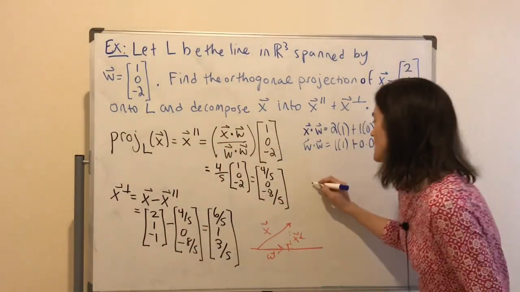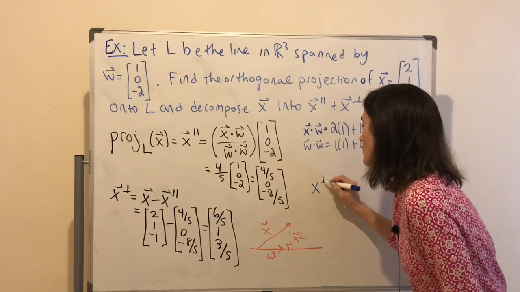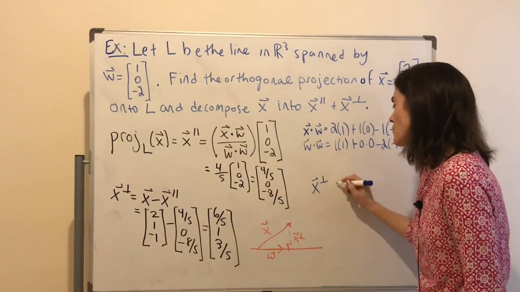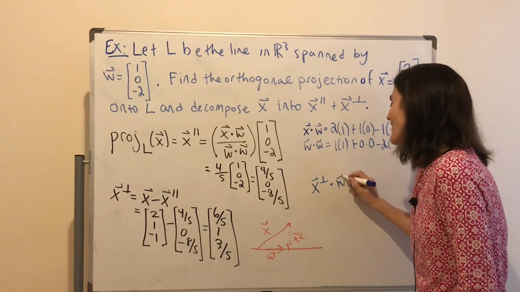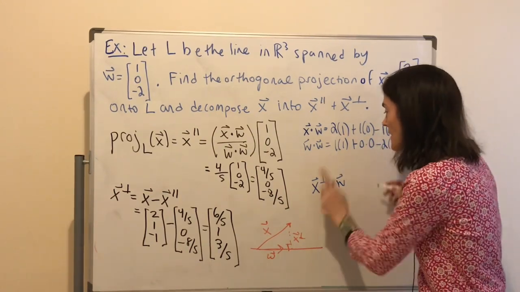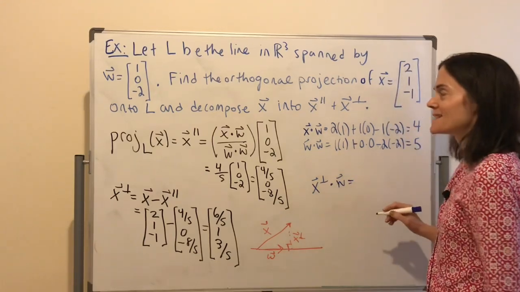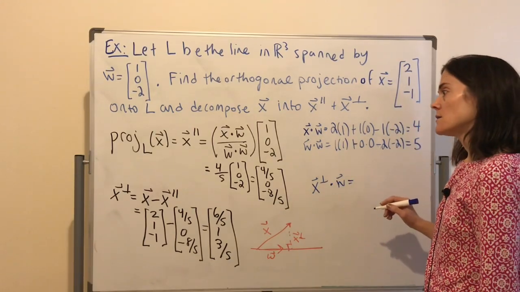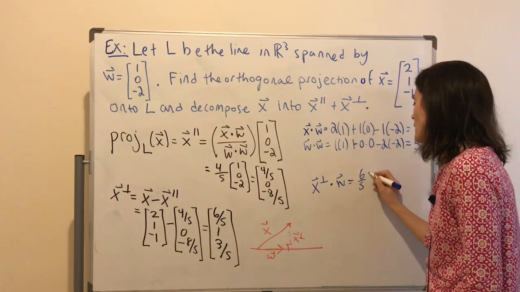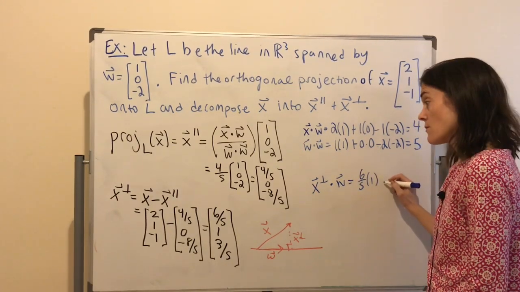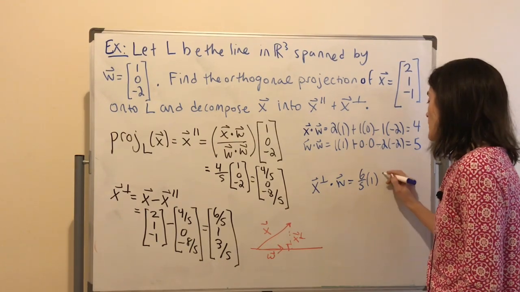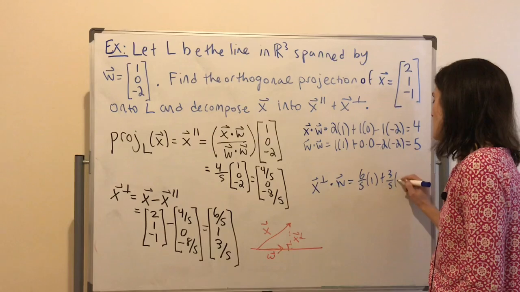So if we take this, we should dot W, or, as we know from the property, you could write W dot the other way, but this is fine. Okay, we get 6/5 times 1, and then there's a 0, plus 3/5 times minus 2.